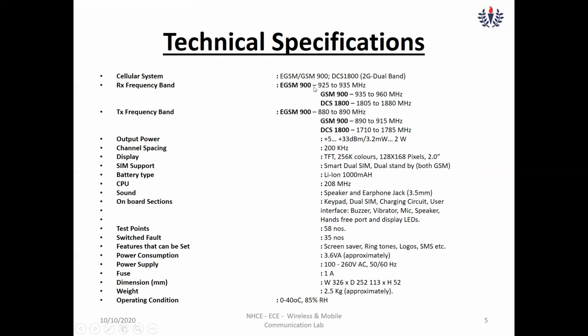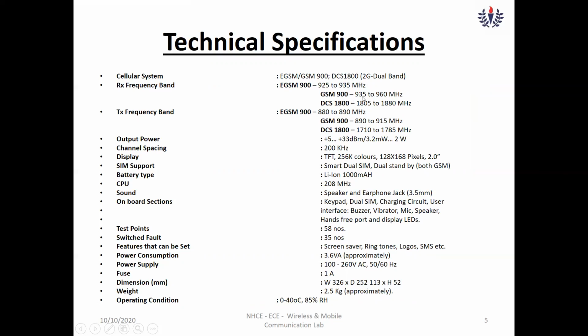And this GSM mobile phone is used in two different frequency bands, one is 900 MHz and another one is 1800 MHz.